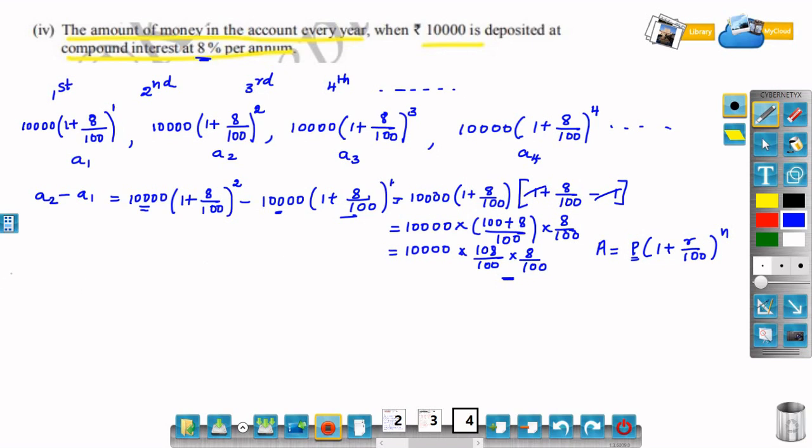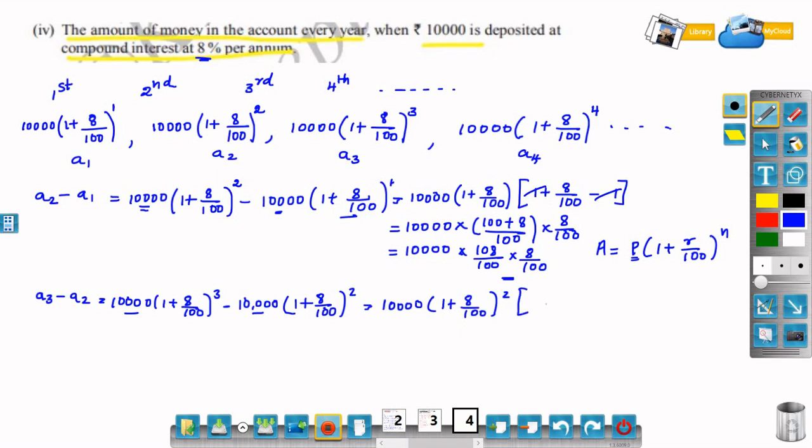Or you can simplify here. Now let us find the difference of the third term and second term, A3 minus A2. A3 is 10,000 into 1 plus 8 by 100 whole cube, minus 10,000 into 1 plus 8 by 100 whole square. Common is 10,000 into 1 plus 8 by 100 whole square.